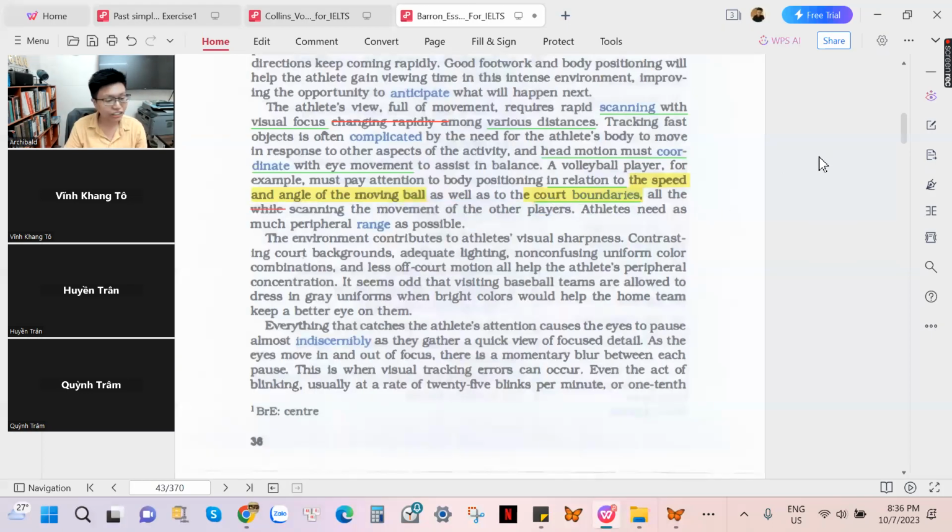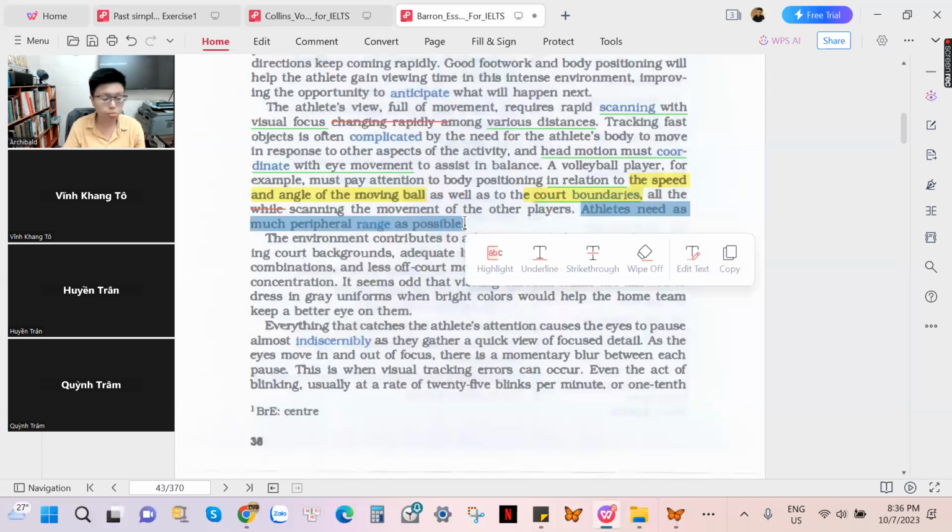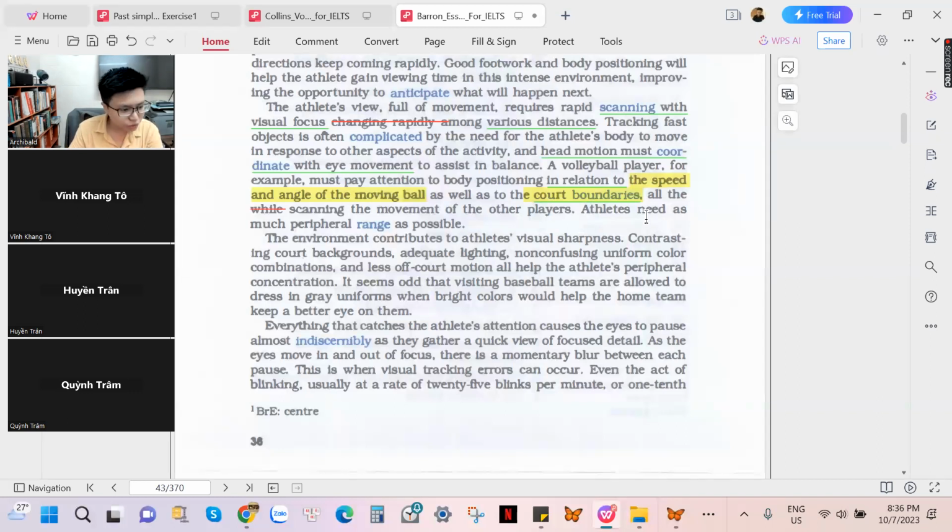Wow, very good, right? Very cool. Athletes need as much peripheral range as possible. For the very first time, guys, when I looked at the word peripheral, I hated it so much that I didn't even care about the meaning of it. I just came up with definitions based on my feelings. But my feelings are always wrong.